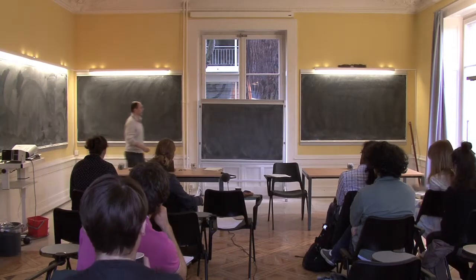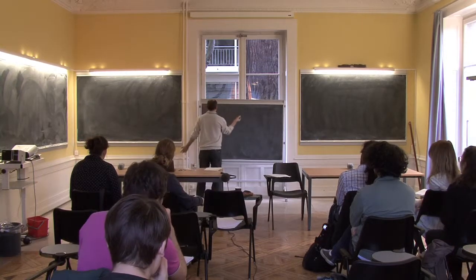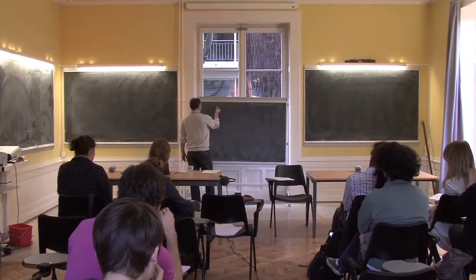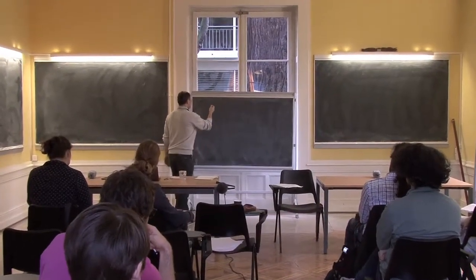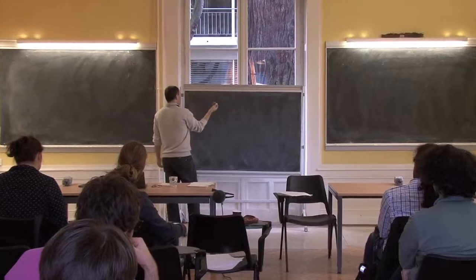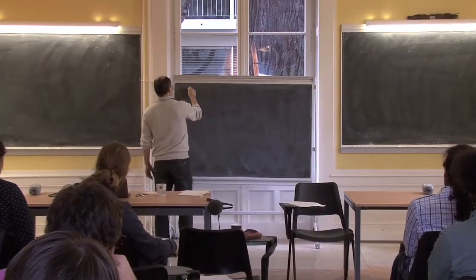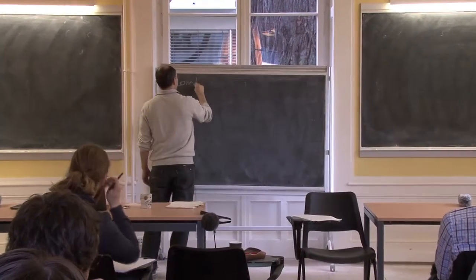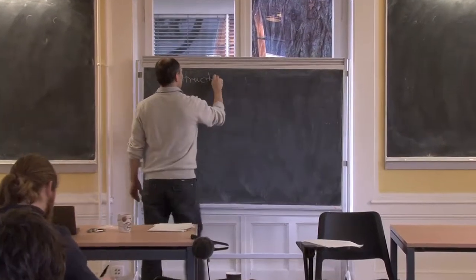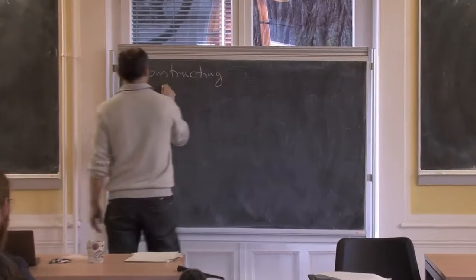Maybe I'll write it here because I don't like this blackboard. I'm just trying to explain the logic of what we're doing now. So the problem is the following: interesting cycles.